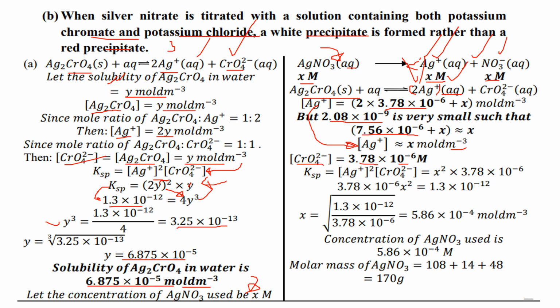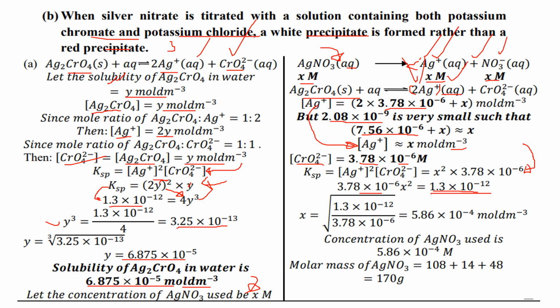So we write the equation for our expression of solubility product. And then substituting for the solubility product, like I said, it remains constant. So we remain with our 3.78 exponential negative 6 multiplied by X squared, equal to our solubility product, which was given in the question, because it remains constant, 1.3 exponential negative 12.